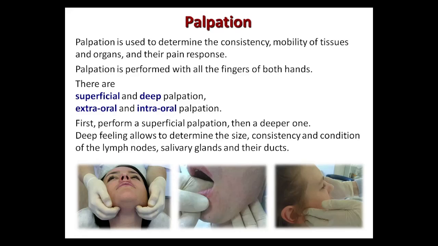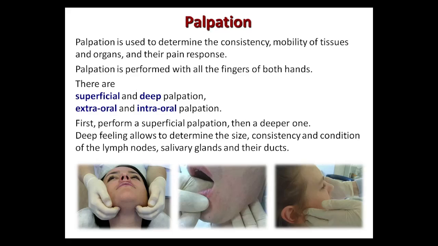And the last method among this group of basic methods, number 5, is palpation. Palpation is used to determine the consistency, mobility of tissue and organs, and the pain response. Palpation is performed with all fingers of both hands.